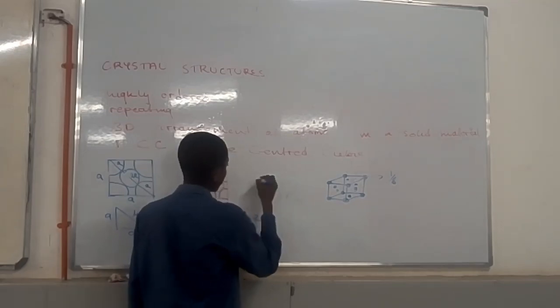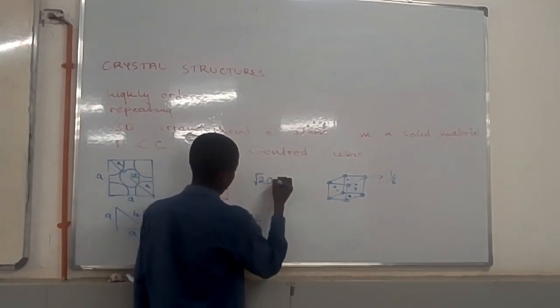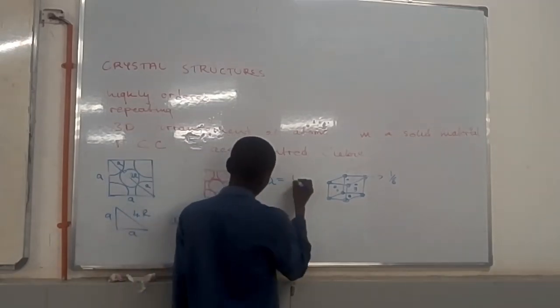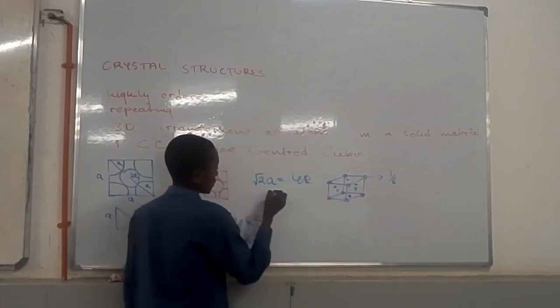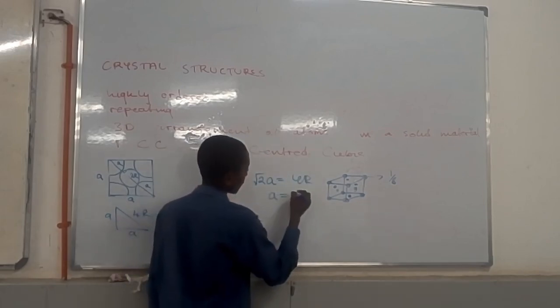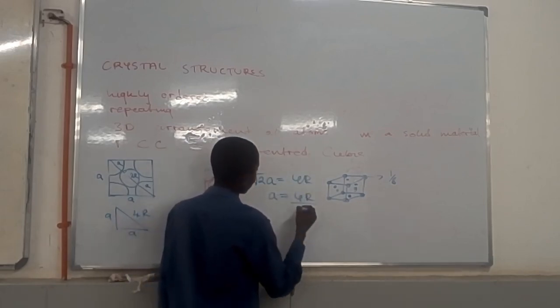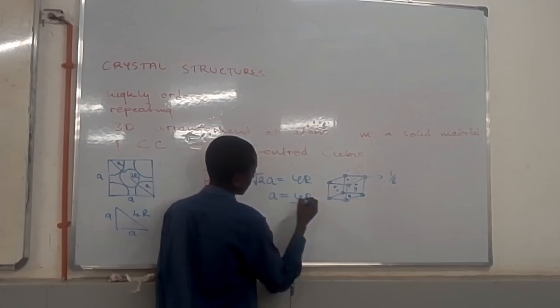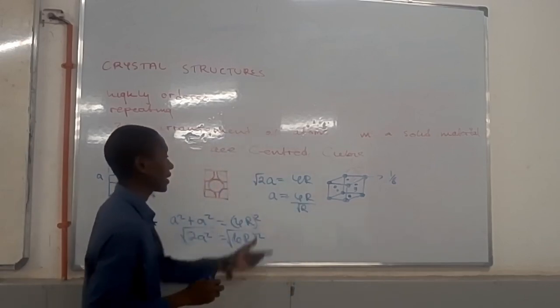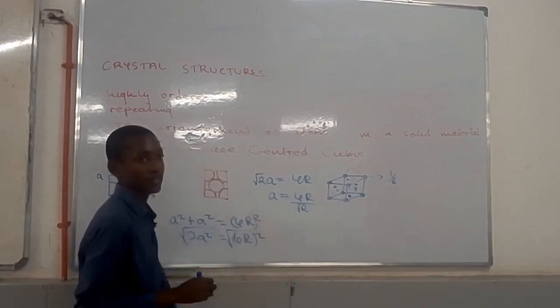I'll get root 2 a to be equal to what? 4r, right? So a is equal to 4r over what? Okay, have you all followed me?